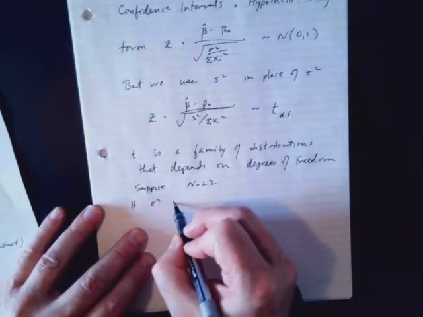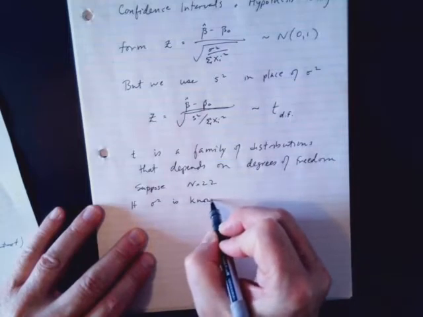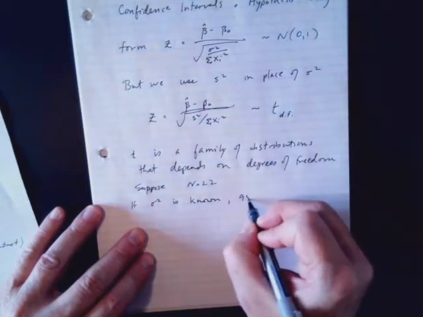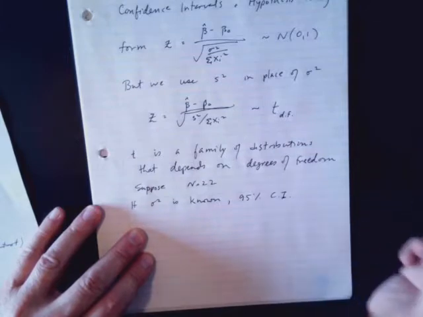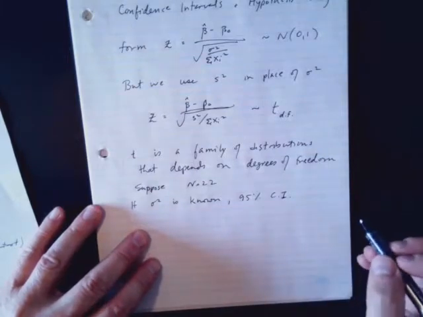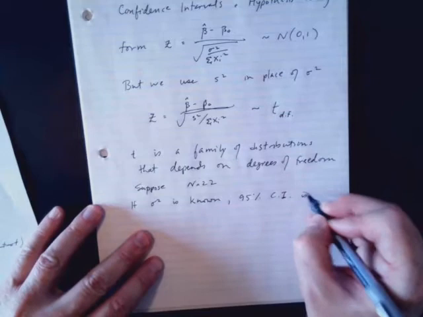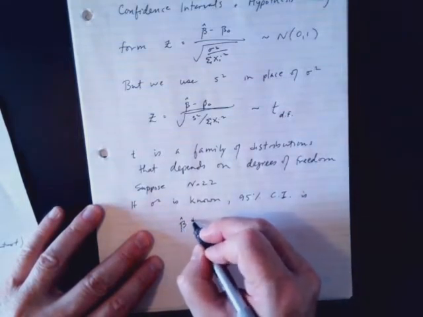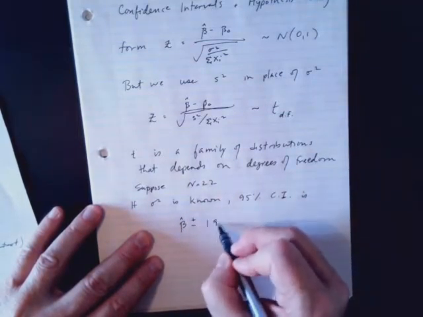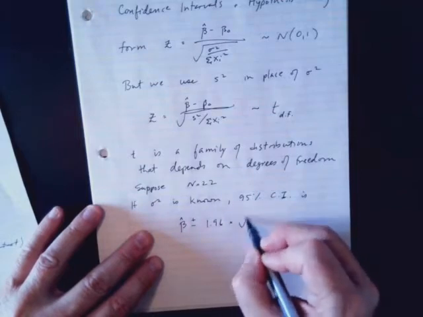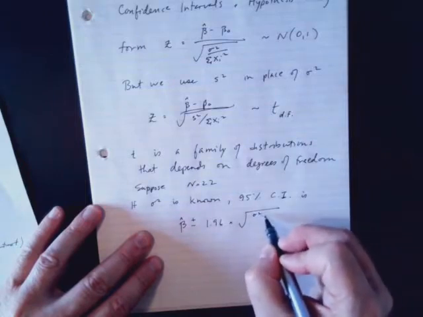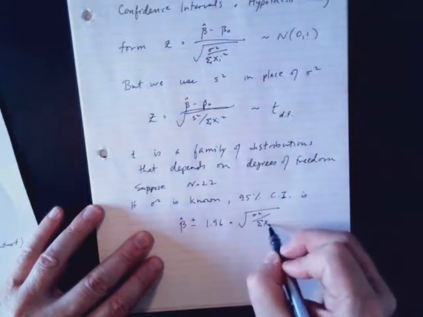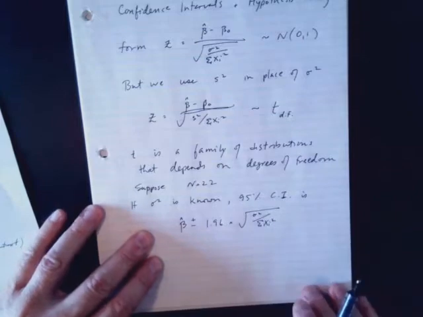If sigma squared is known, the 95% confidence interval, that's what CI stands for, is beta hat plus or minus 1.96 times the square root of, remember what goes in here? Sigma squared over the sum of xi squared in the simple regression case.